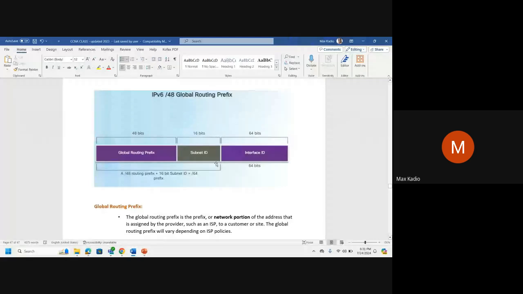Now, inside the first block, the first 3 will identify the network portion, and then the subnet ID. So let's say, for example, the finance department: here is ABC, here is 1, and then the interface ID.